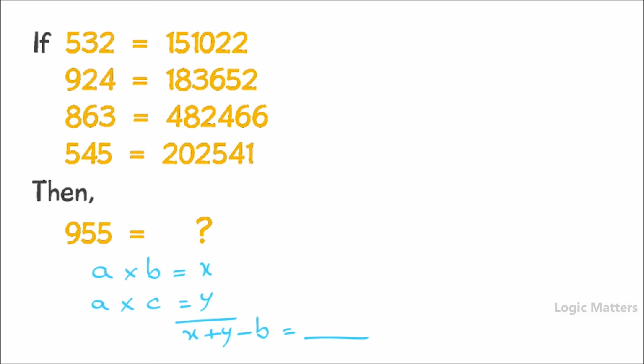So let's assume 5 for a, 3 for b and 2 for c. Okay. Now let's do this part. A into b is nothing but 5 into 3, that gives you an answer of 15, right? And then a into c, so 5 into 2 is 10.